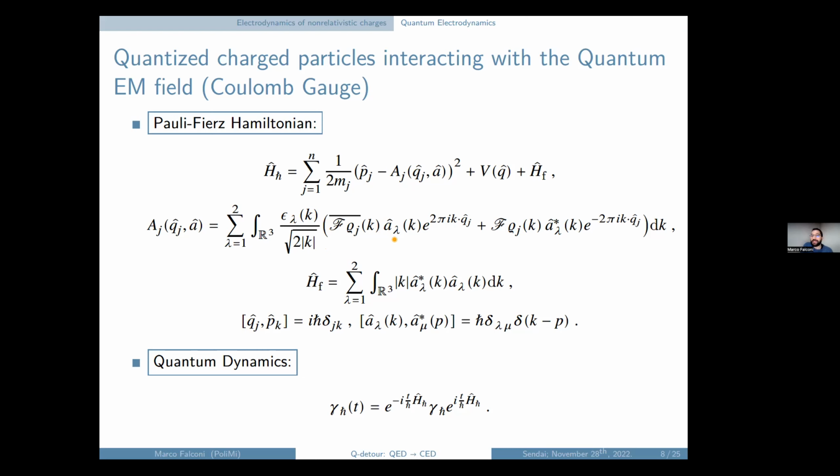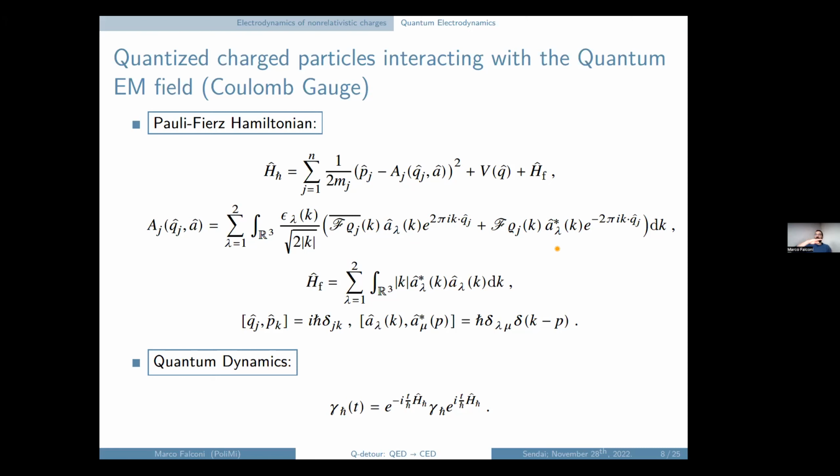Then for each polarization, we have one annihilation operator a_1 or a_2, so a_lambda here, and the creation operator a star lambda in the Fock space, because the quantum electromagnetic field is a quantum field and lives on a Fock space. That is a space where we have one Hilbert space for each number of excitations of the field, because the field excitations can be created and destroyed.